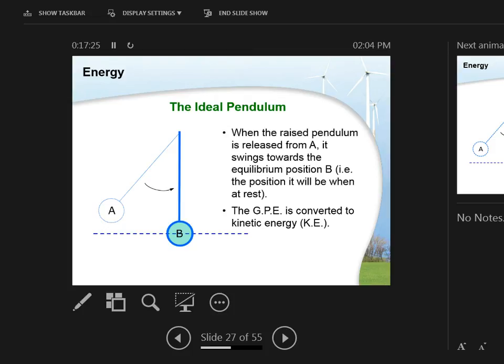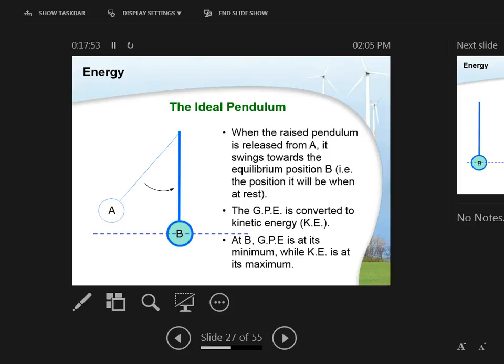At point B, the gravitational potential energy is reduced because it is at a lower height. Where did the gravitational potential energy go to? It must go somewhere. It cannot be destroyed. So it is transformed to your kinetic energy. That is why there is movement. So at point B, the gravitational potential energy is minimum while the kinetic energy is maximum.